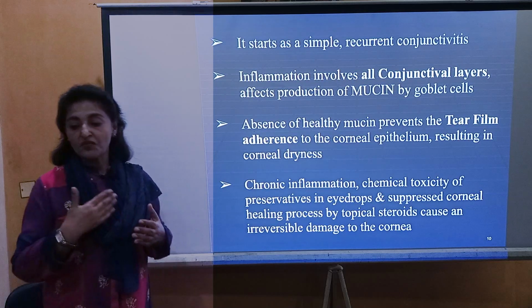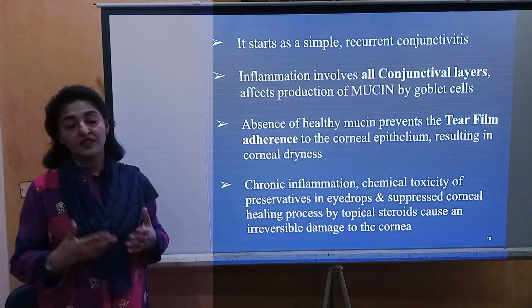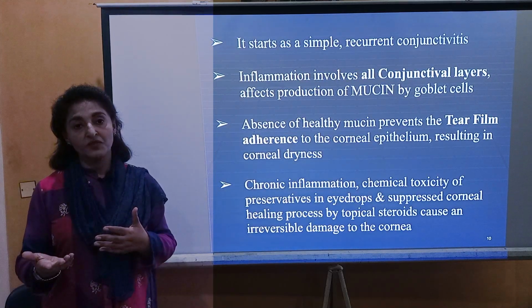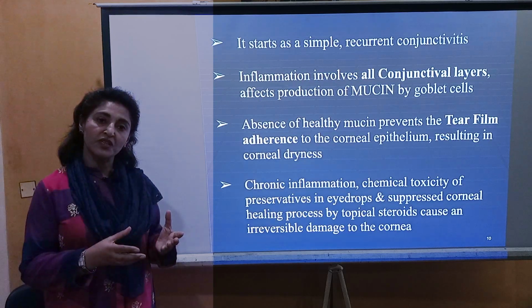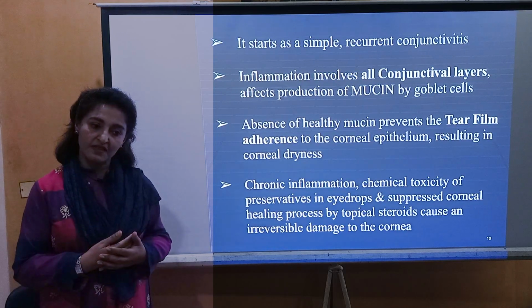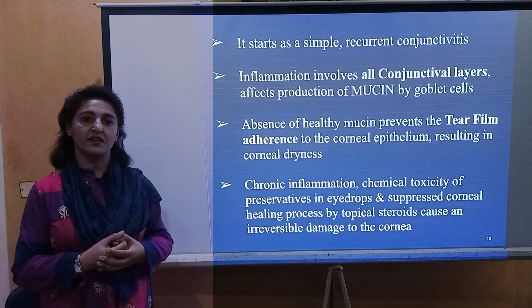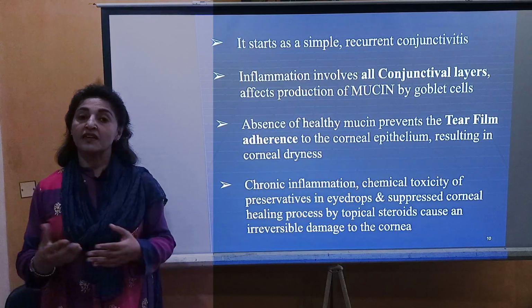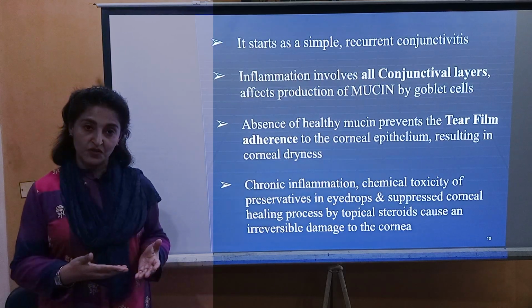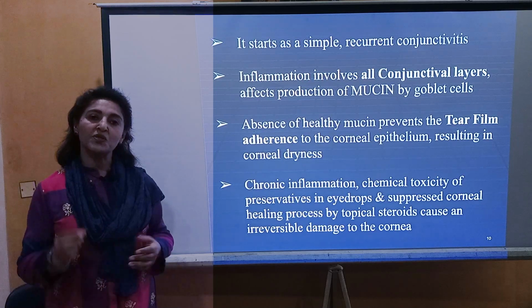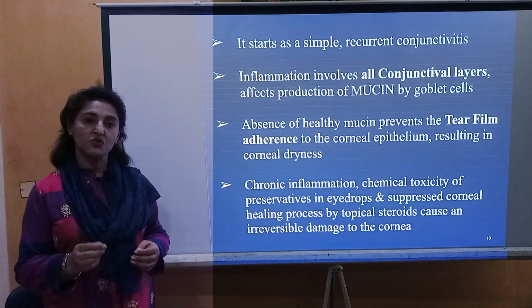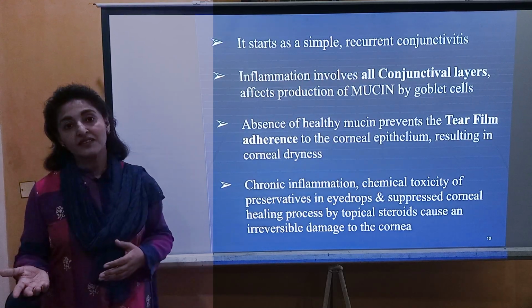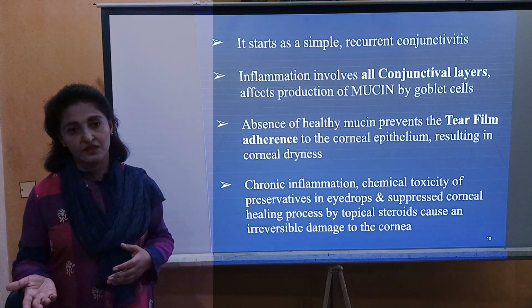The absence of healthy mucin is a main complication of conjunctivitis, because mucin is produced by goblet cells which are present in the conjunctiva. So if those goblet cells are diseased by the inflammation, then they will not produce healthy mucin. And if there is no healthy mucin, then the tear film instability occurs.